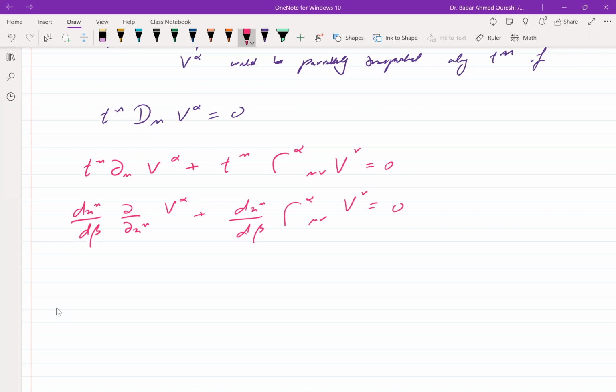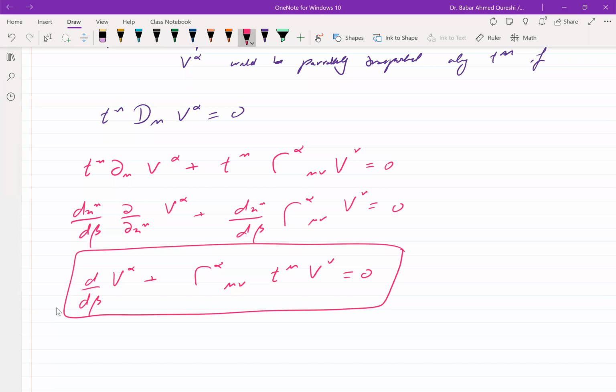So this just becomes d by d beta along your curve. And then you are dotting. This contraction is also called dotting the tangent vector of the curve and the vector field into your Christoffels.